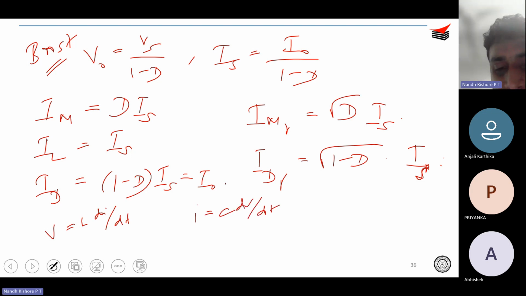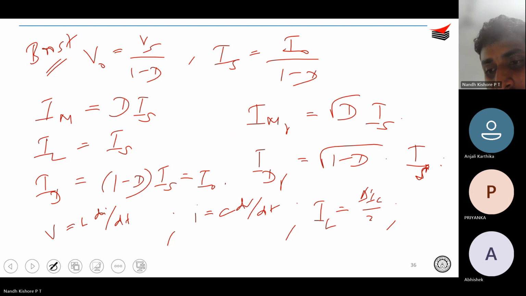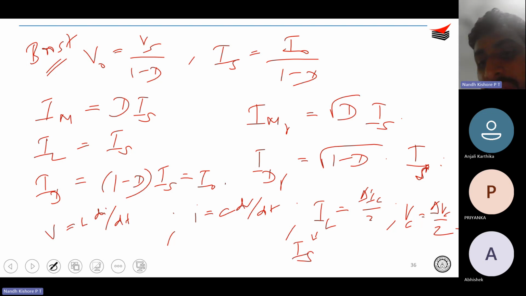To find out the critical value, use IL is equal to delta IL by 2, Vc is equal to delta Vc by 2. What is IL over here? IL is basically Is, correct? In a boost converter, Is is equal to delta IL by 2. Just solve. You will get what LC and CC are.